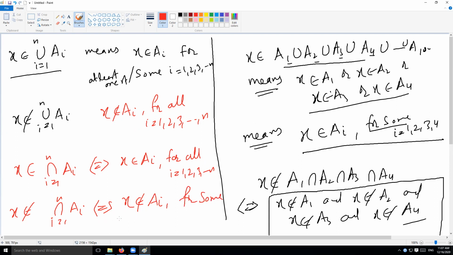For some लिखें या at least one लिखें, doesn't matter. Some से मुराद है at least one. I, that is 1, 2 and up to n actually. In other words, X अगर intersection में नहीं है, that means it is possible that X is not in A1, or maybe possible that X is not in A2, maybe it's possible that X is not in A3 and so on and so forth. Are you getting the point? Yes, sir. Good. अच्छा जी.